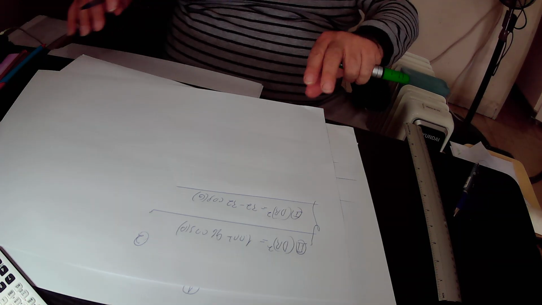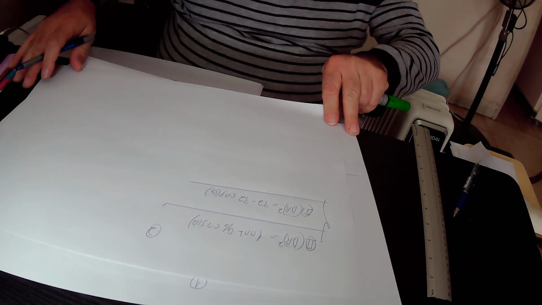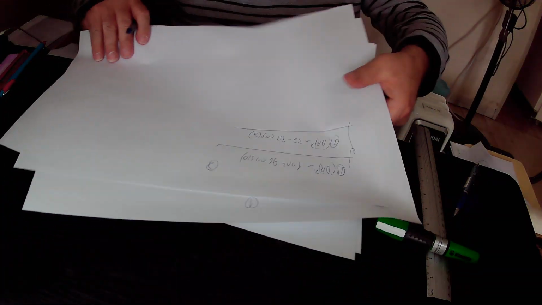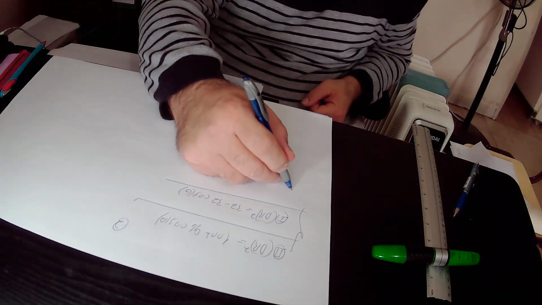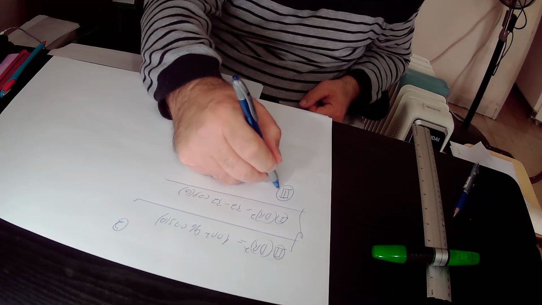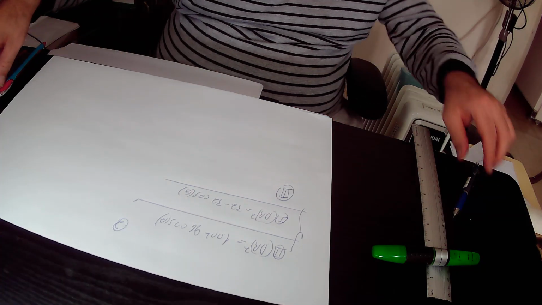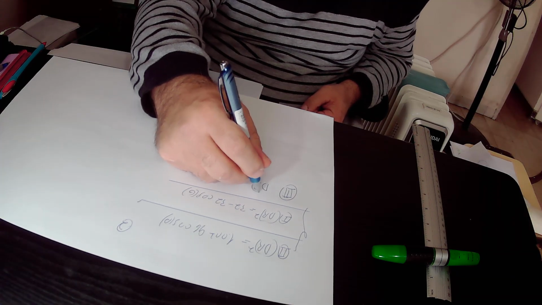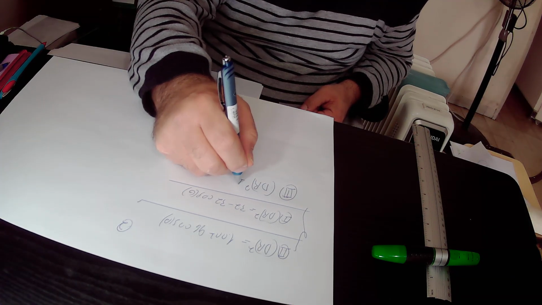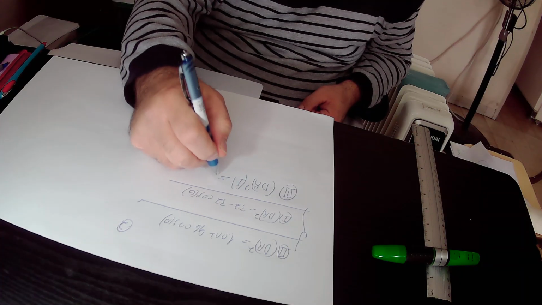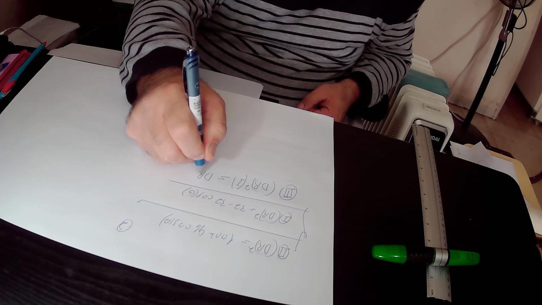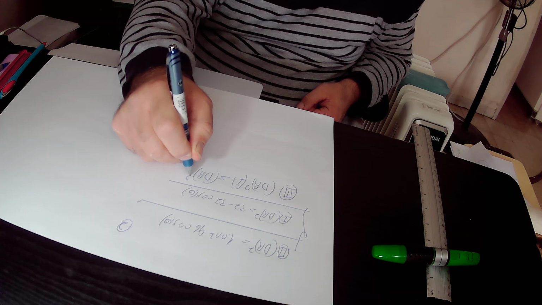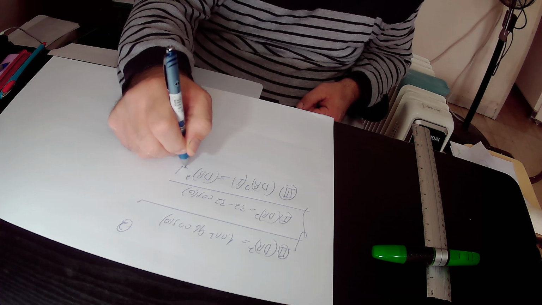Therefore, we get equation 3: DB squared according to equation 1 must be equal to DB squared according to equation 2. Very simple equation.